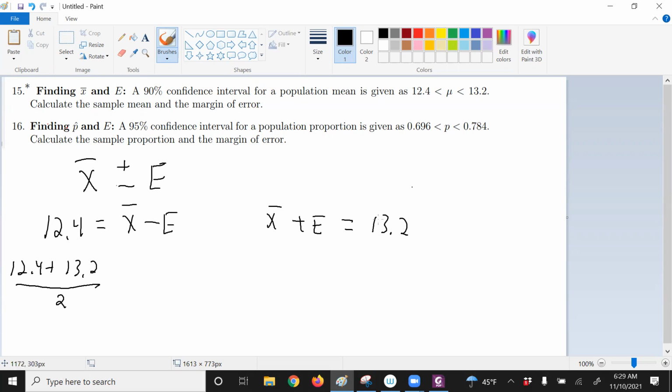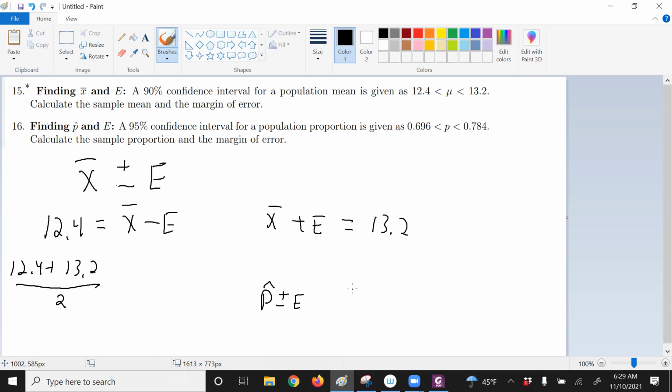Same deal with the proportions. The point estimate for the population proportion is p hat, and that's plus or minus some margin of error. So we do it the same way.